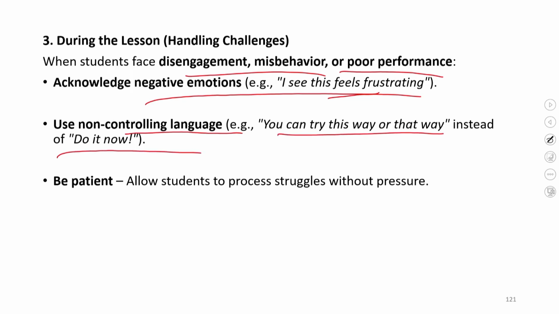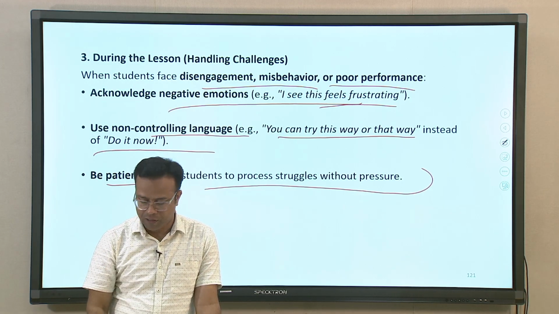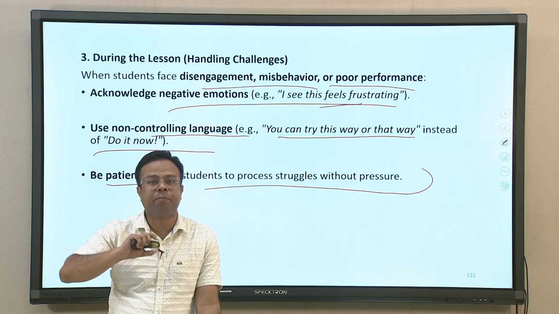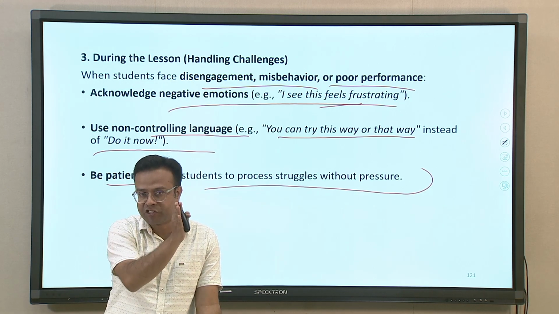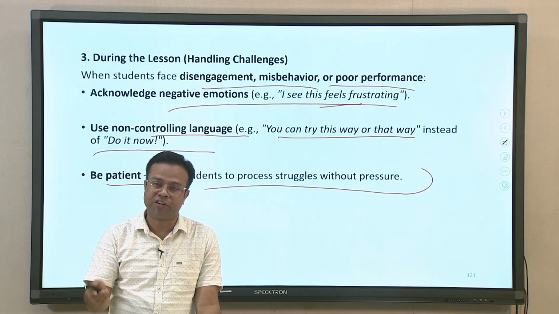That will also help them to try more, and be patient during the lesson. Allow students to process struggling without pressure, because there will be different categories of students, some will struggle, and one has to be very patient. So, these are things that can be focused on in the different stages of the lesson to increase motivation or understand student perspective.